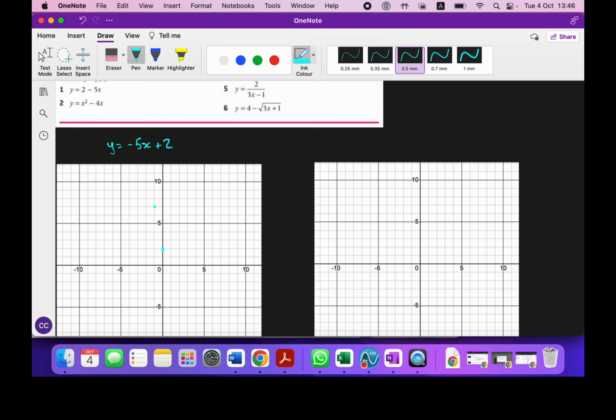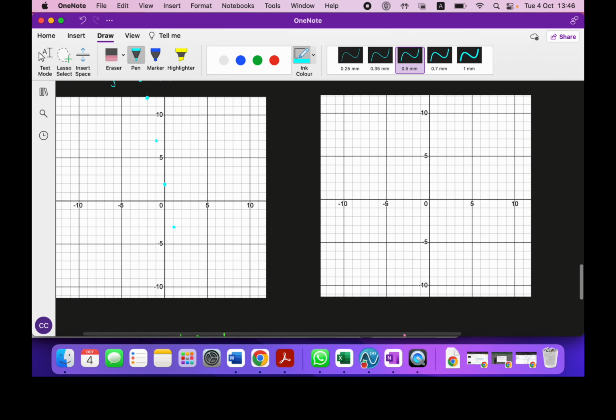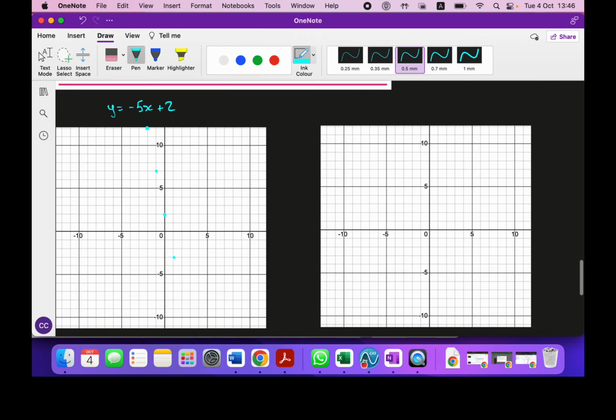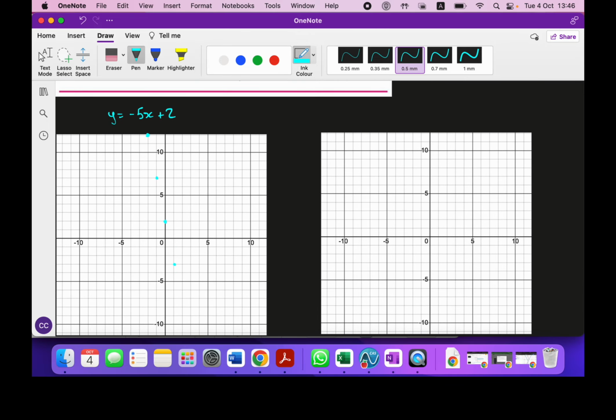If I put in negative 2, it would be at 12. Similarly, if I put in 1, it would be negative 3. And then if I put in 2, I would be at negative 8, which is right there.